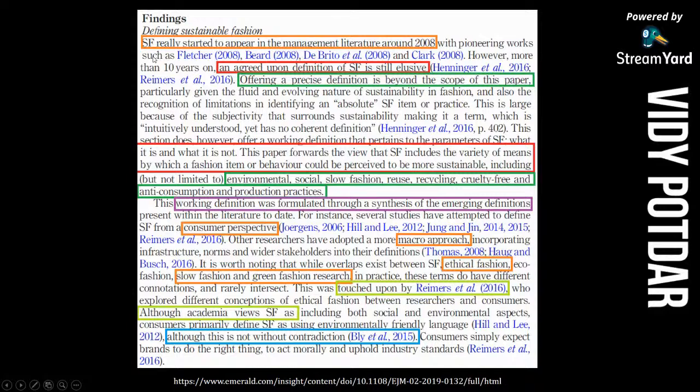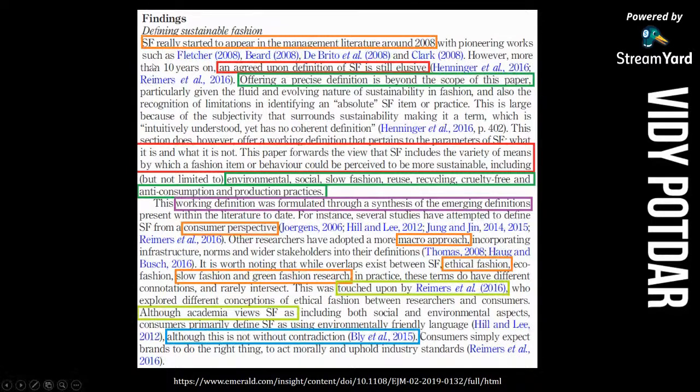So this paper starts by giving an example of defining sustainable fashion. This is probably one of their findings from the literature review: how has the research world defined sustainable fashion, and what are the different researchers and academics who have mentioned some ideas.